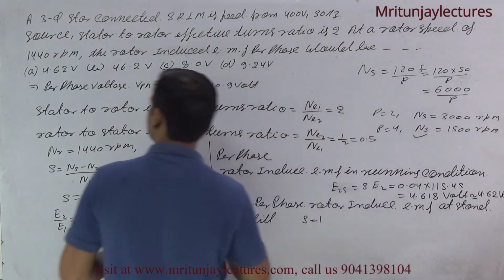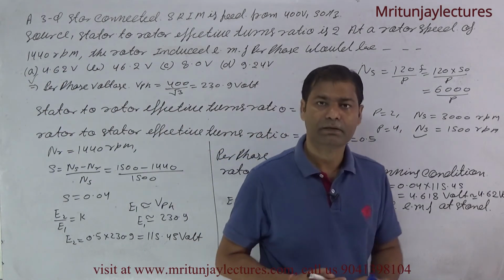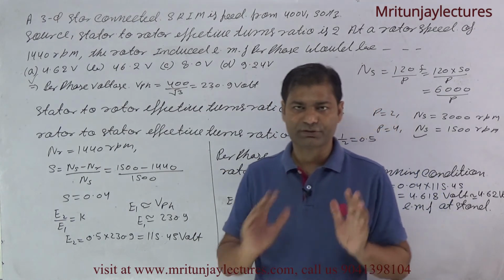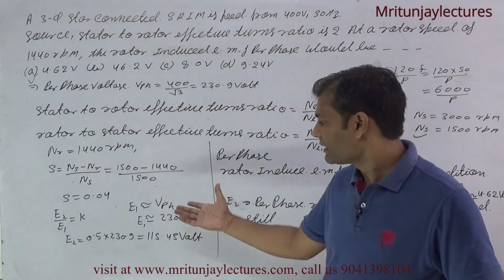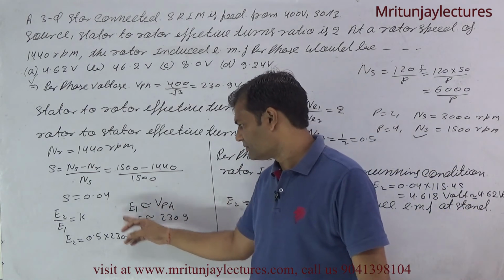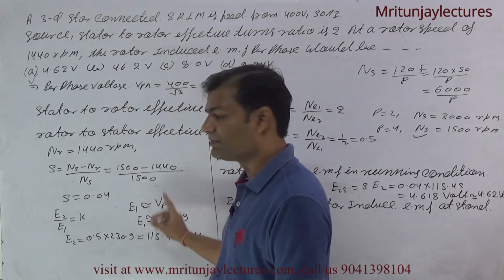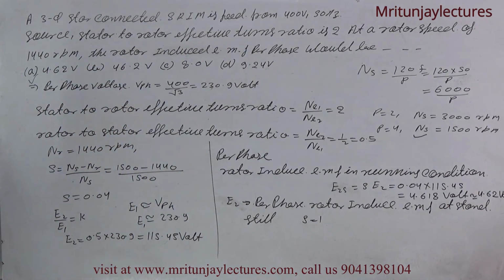So which one is correct? A is the correct option. Clear? This is an objective question, that's why we have considered some assumption: if stator impedance is neglected, then E1 is equal to VPH. Okay, now make it.